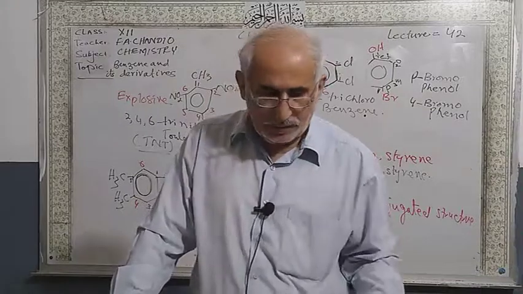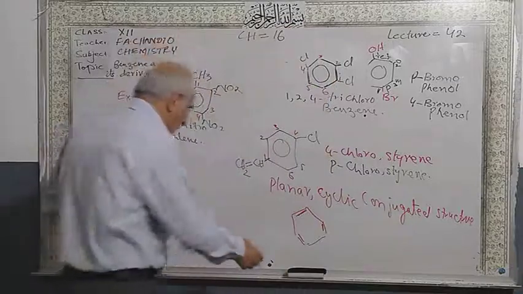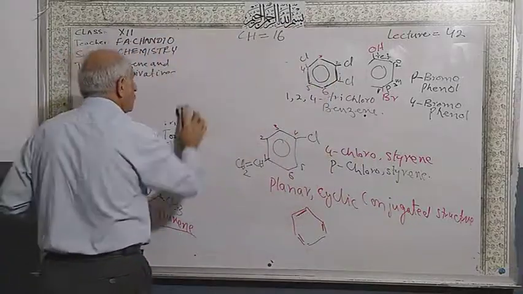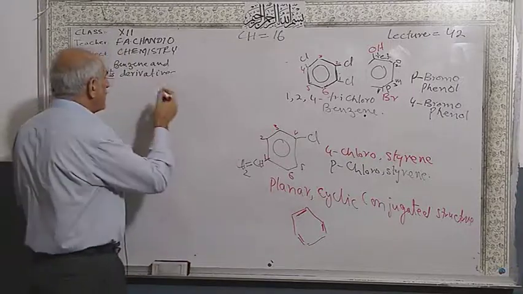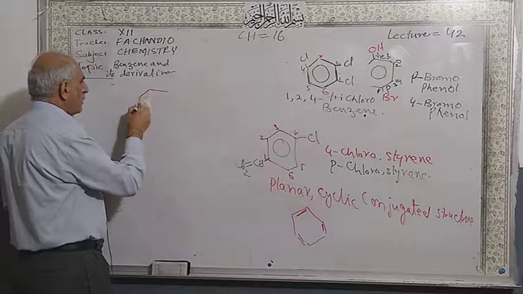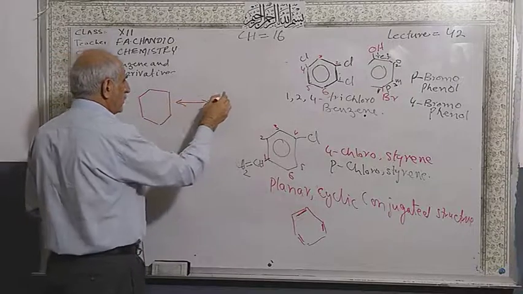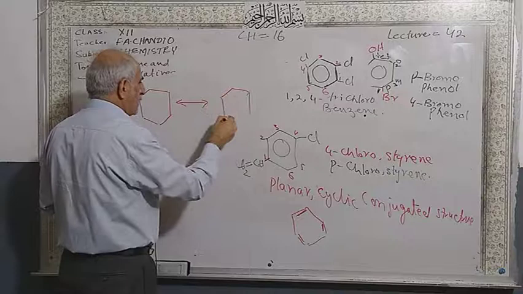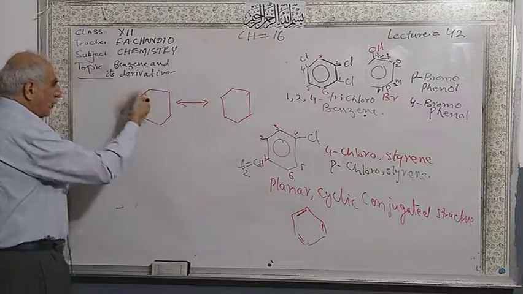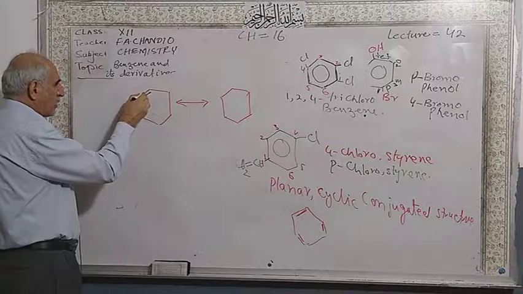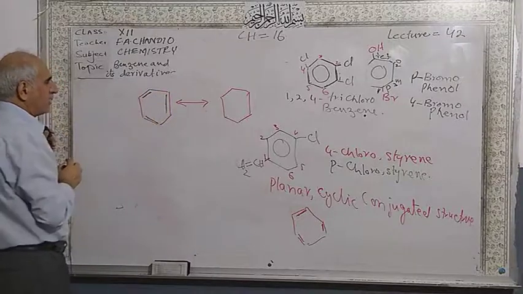According to the scientist this is called the Kekulé structure. We will discuss it. Students, if you are going to draw it, you can start from any point. Suppose I start from here: this is one double bond, this is the second double bond, and this is the third, alternating.